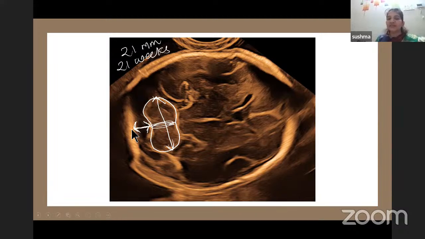Whereas the cisterna magna is enlarged in cases of posterior fossa malformations like Dandy Walker. So the cisterna magna measurement should be less than 10 mm. If it is less than 2, it is spina bifida. If it is more than 10, it is Dandy Walker.